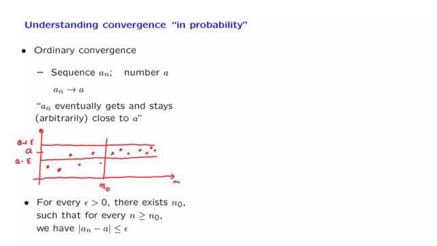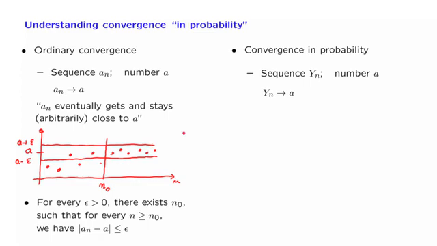Now let us move to the case of random variables and see what convergence in probability is talking about. Here, instead of a sequence of numbers, we have a sequence of random variables. And we're interested in the meaning of the convergence of the sequence of random variables to a particular number.